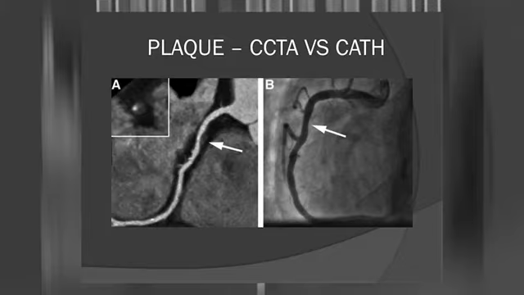However, if you see the cath angio, it looks fairly okay. So CCTA tends to overestimate plaques by a little margin. However, when the plaque is significant, like I said, above 50%, then CCTA is precise. It's only in insignificant or less than 50% stenosis where it tends to overestimate stenosis.